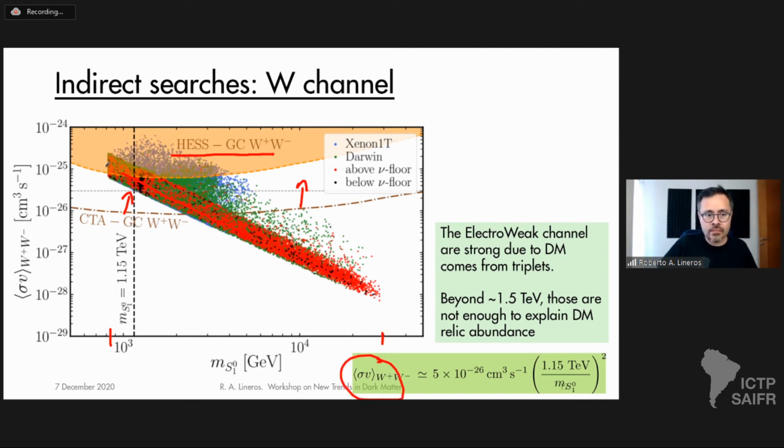So you cannot have a mass lower than 700 GeV, otherwise you have too little dark matter. And if your dark matter is only annihilating to W bosons, if you go beyond 1.15 TeV, you remain with too much dark matter, and therefore all the other annihilation channels coming from the scotogenic model allow us to have larger masses than this.